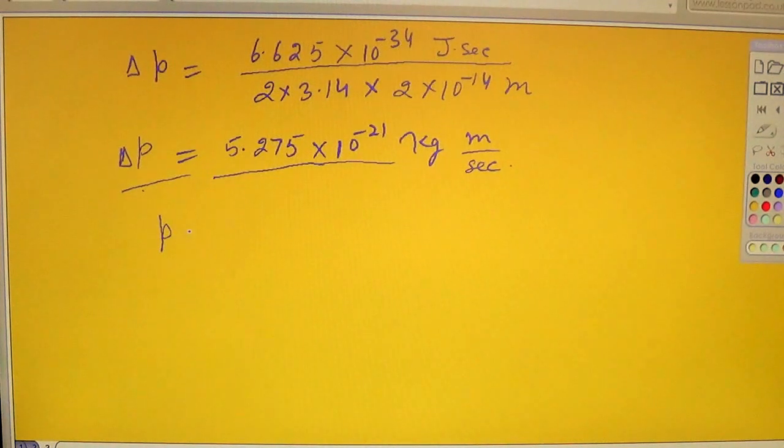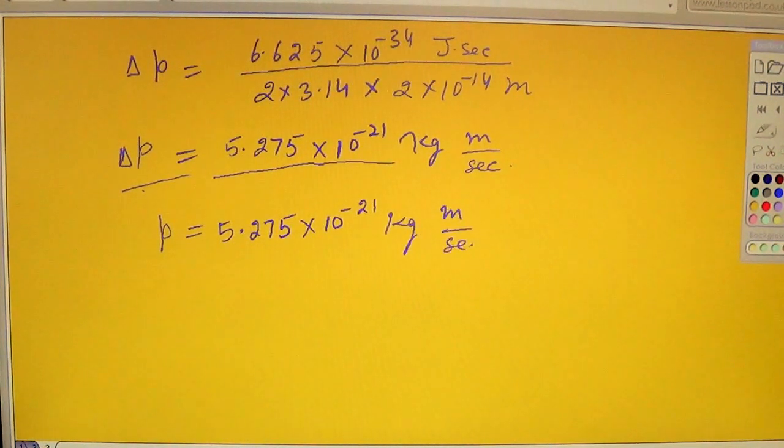So we take the momentum of the electron, if it exists in the nucleus, to be 5.275 into 10 raised to the power minus 21 kilogram meter per second. From it one can find the kinetic energy of the electron inside the nucleus, if this is true.